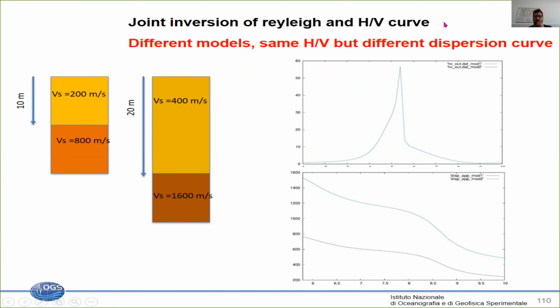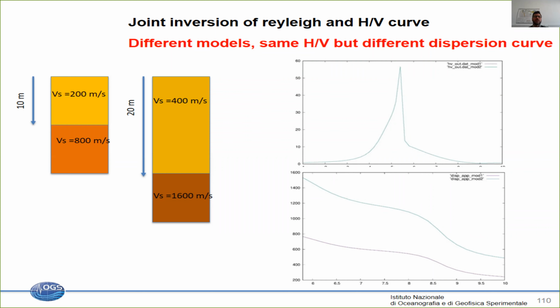Okay. So if you remember, we were discussing how to estimate the underground profile. A couple of lectures ago, we indicated that with H over V it was possible to estimate also the underground structure, but unfortunately the H over V suffers from a trade-off between thickness and velocity.